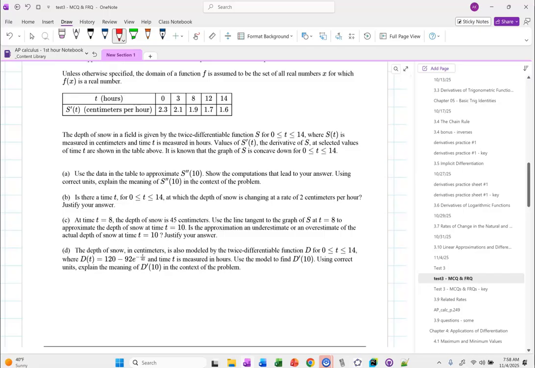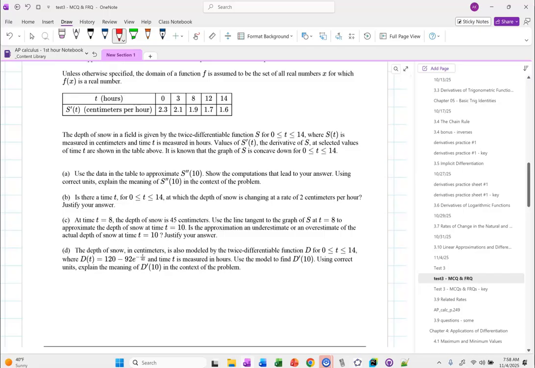It is known that the graph of s is concave down for 0 less than or equal to t less than or equal to 14. Use the data in the table to approximate s double prime of 10. Show the computations that lead to your answer. Using correct units, explain the meaning of the second derivative of s at 10 in the context of the problem.